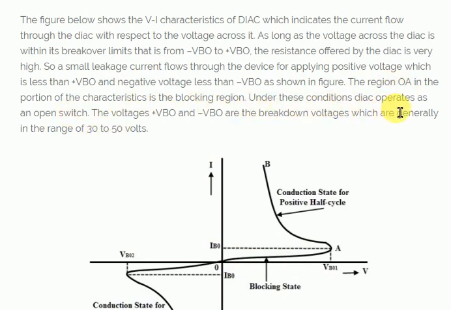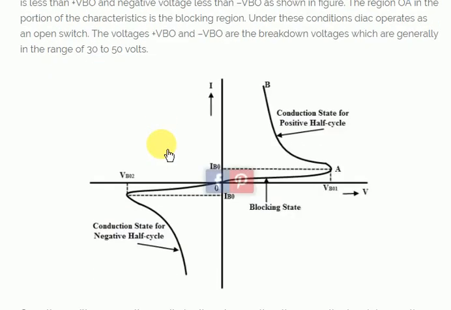Under this condition, the diac operates as an open switch, in the forward region and in the reverse region. The voltages plus VBO and minus VBO, the breakover voltages, are generally in the range of 30 to 40 volts.